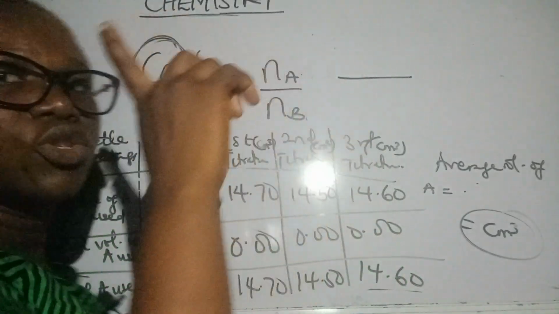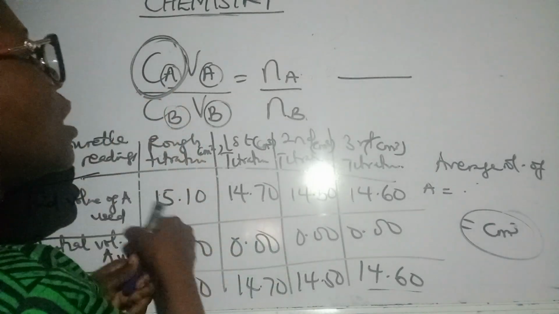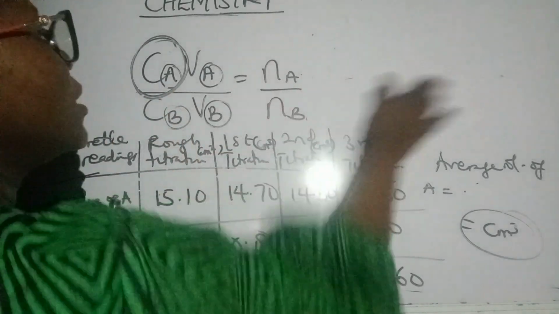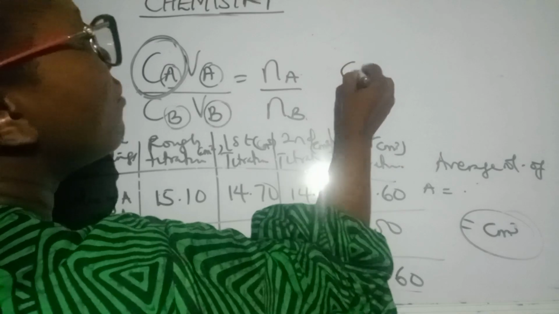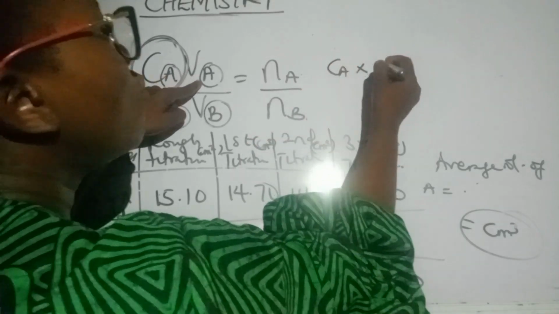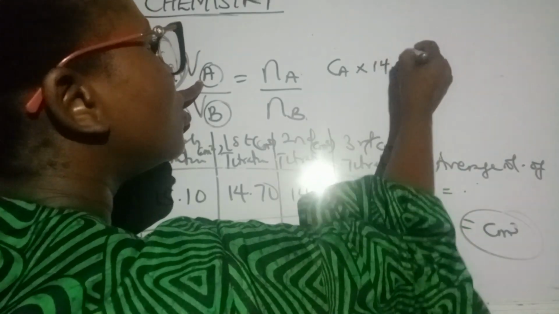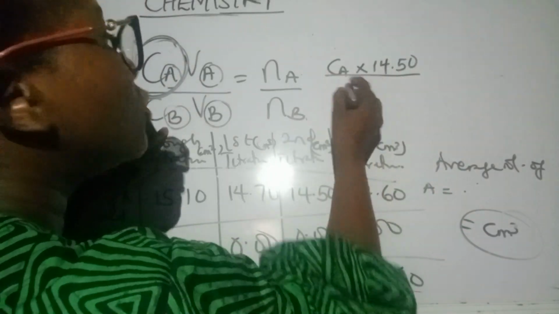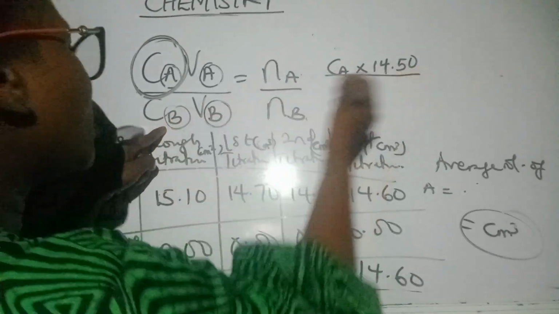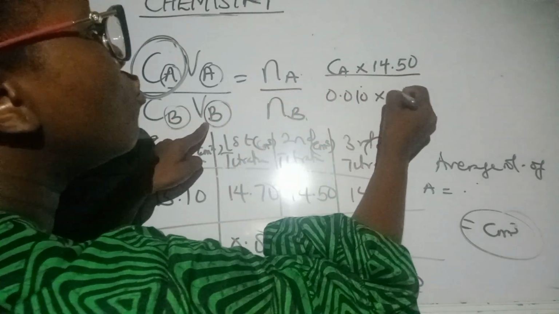So correct substitution usually gives 1 mark. Then another one is subject of formula. Maybe you want to calculate CA. Make CA subject of formula and put the other values. CA equals, maybe CA is here, multiplied by volume of acid. Maybe your titer value is 14.50. And I'm just assuming, the concentration of it maybe 0.010, and then volume of base is 25.